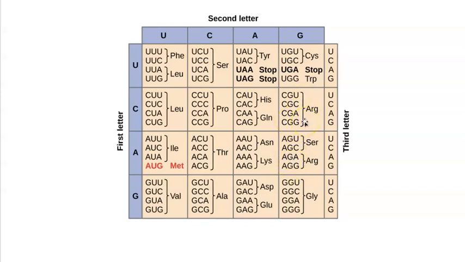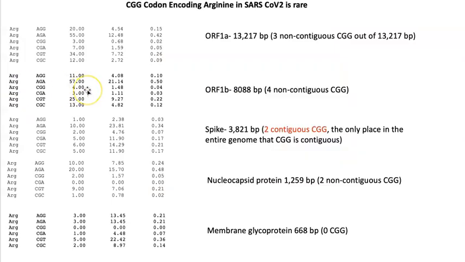The individual organisms will prefer certain codons to make arginine. A simple look at the codon usage in SARS-CoV-2 points to something very interesting, and that is that this codon, CGG, encoding arginine in SARS-CoV-2 is extremely rare. That becomes an important point in understanding whether or not this might be a lab leak, and I'll get to that in a second.